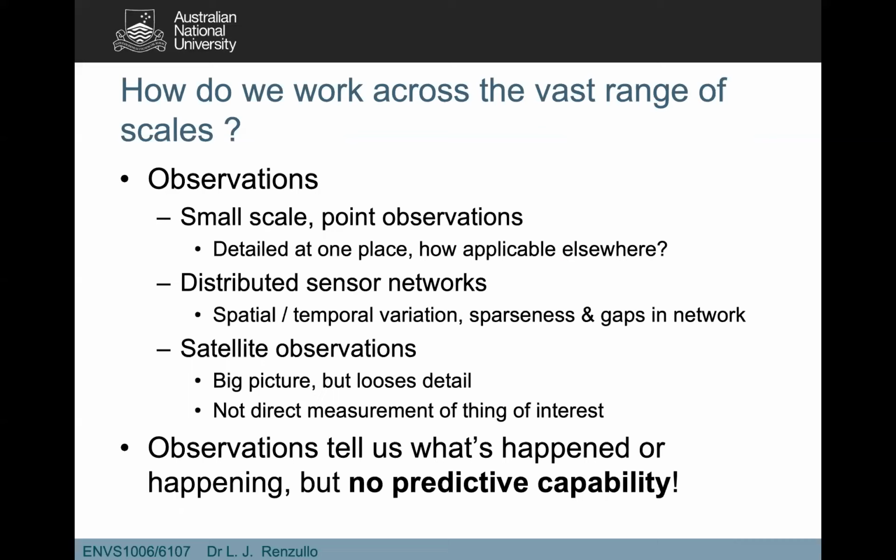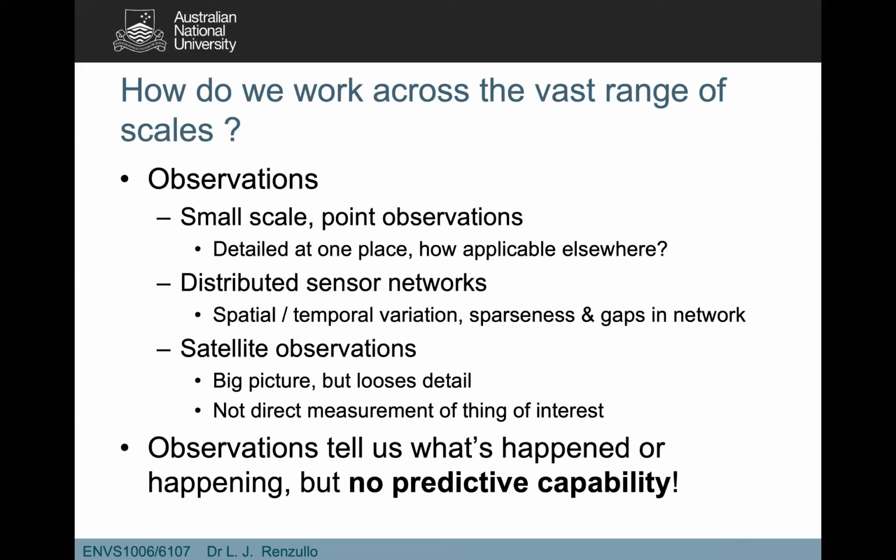Satellite observations can fill the gaps, but they are big picture, and you can lose a lot of detail by virtue of them orbiting the Earth at tens of thousands of kilometres per hour. They can't hover over the same point for too long, so you tend to get pixelated pictures of the Earth by the way the images are acquired.